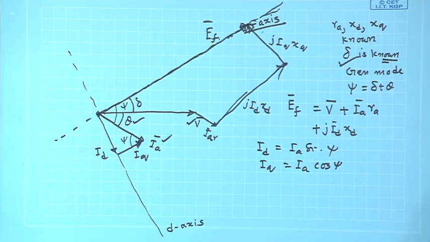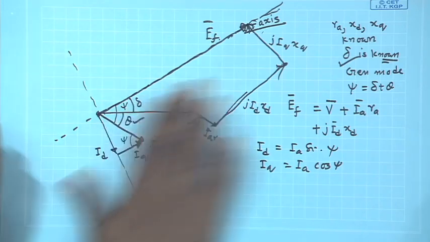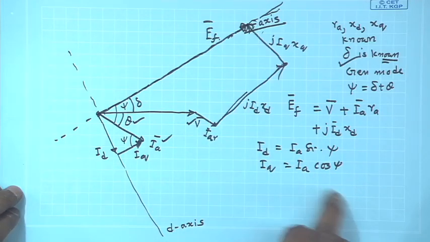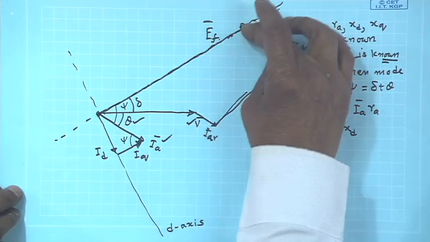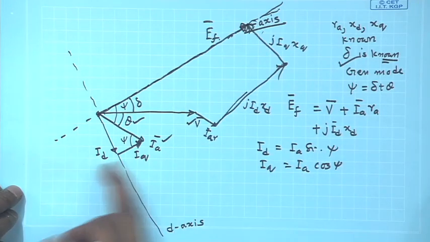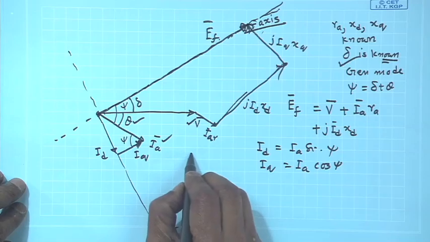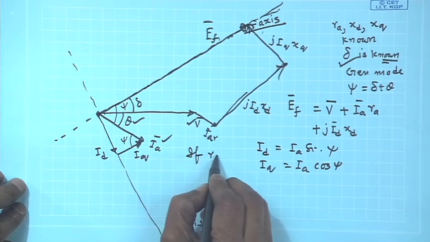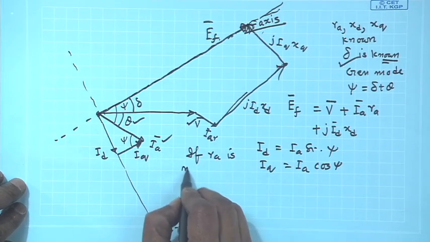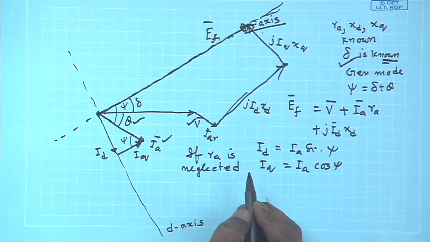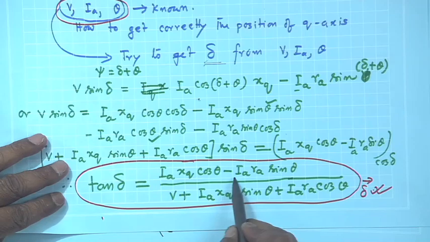And note that in this phasor diagram everything is in place. X d is higher than x q. So, this length will be higher than this length, and you get it. If R a is neglected, you can separately find out the expression of tan delta, but in this case this term will not be present.